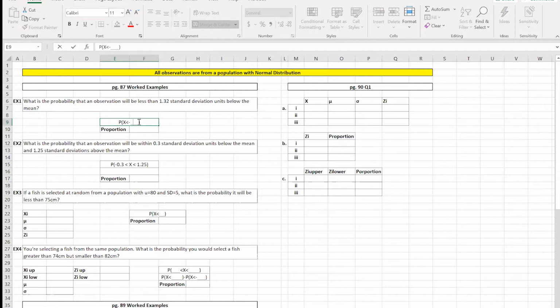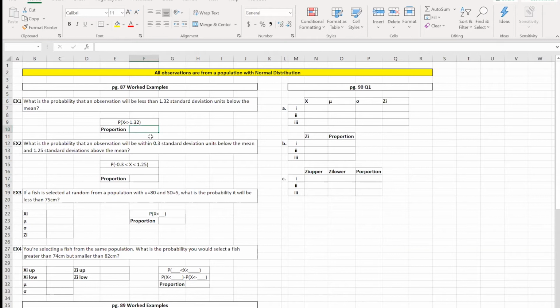So we're wondering what's the probability of a random observation being less than negative 1.32. There's not really much for me to do in Excel or to show you, because I am just looking this up on the table.